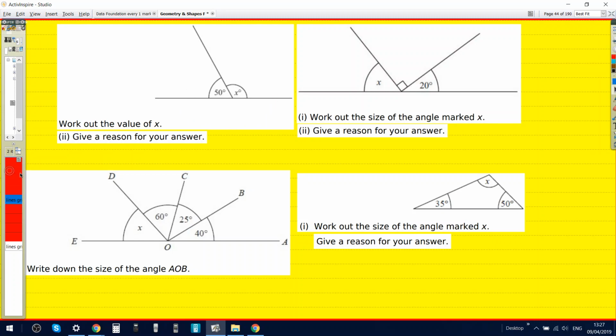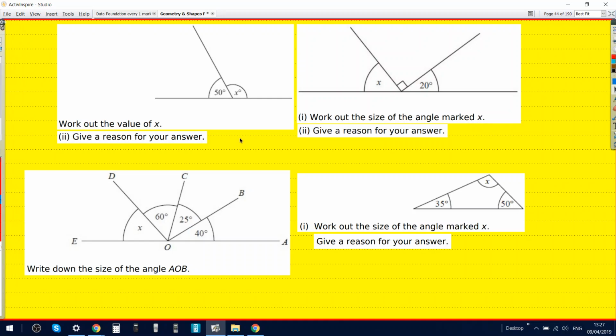Right. Let's do top right. So it'd be 180 minus 20, which is 160. So the middle one would be 160.